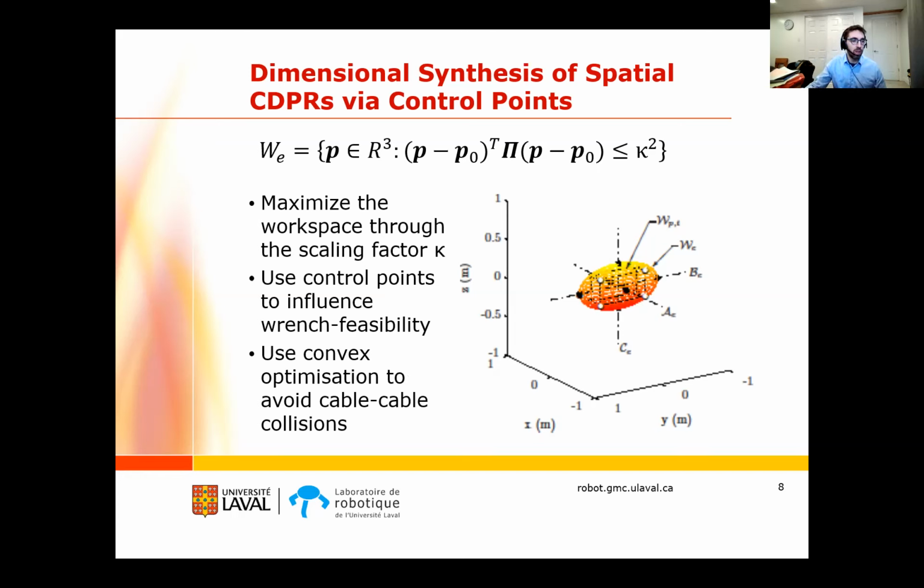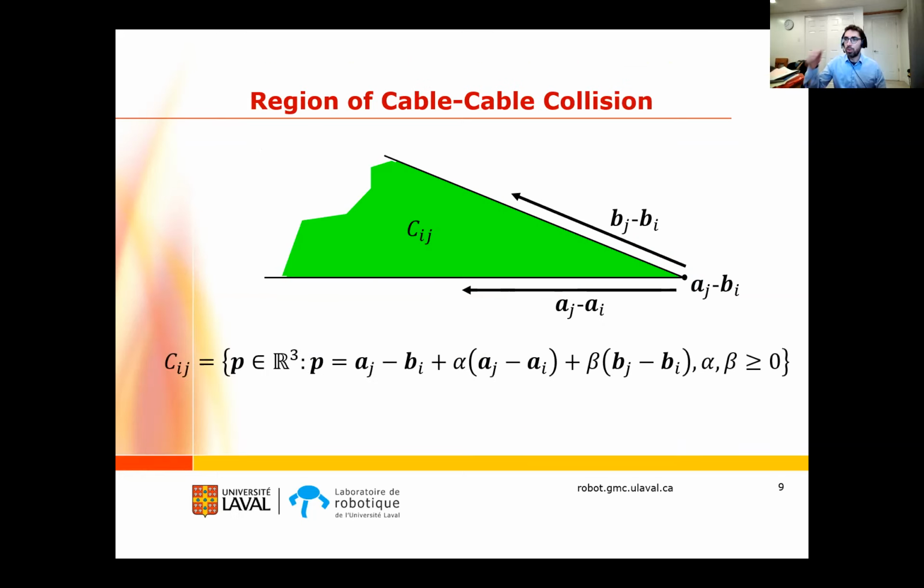So what are those regions? These came from a previous paper we wrote. We were able to obtain this quite simple expression of the region of cable-cable collision in the workspace of the robot. This is for a constant orientation of the robot.